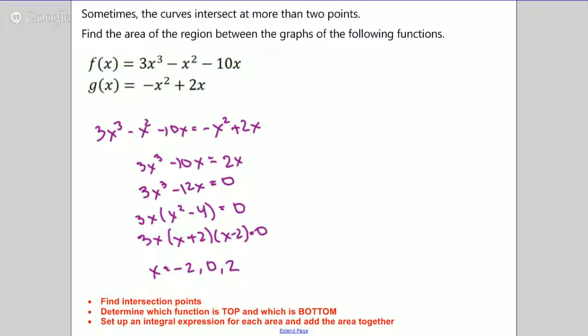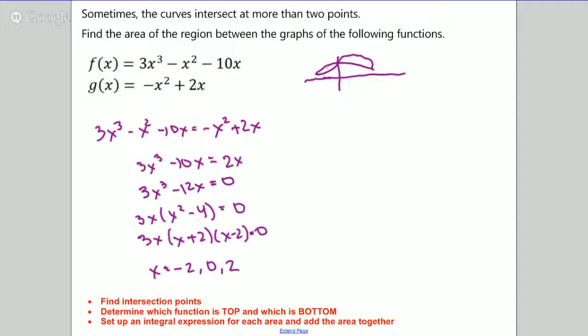Okay, so what does this mean for our integral? Well, think about this. If you have 2 functions, and let's say I have some function here, and then another function that goes like this.